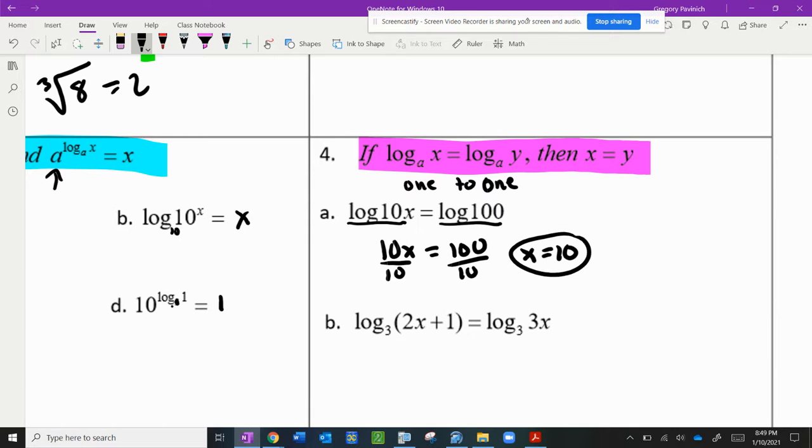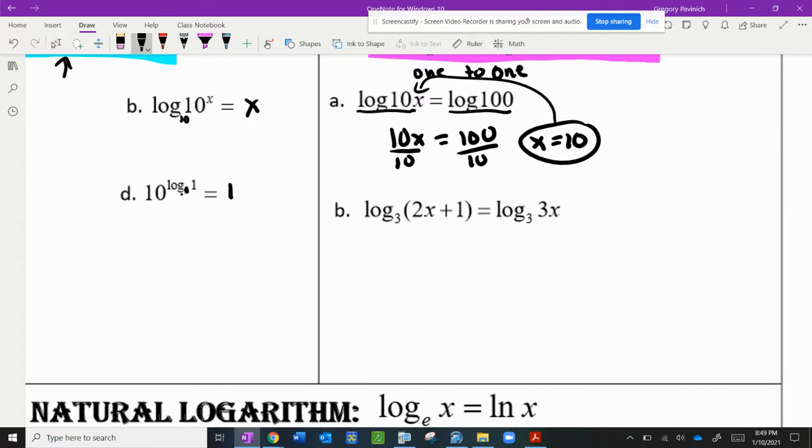And if x was 10, then what would I do? If I plug it back in here, I'd have log of 100 equals log of 100. Same thing over here. I'm going to set these two things equal to each other. Notice that if the input is big, there'll be parentheses holding it, so you know that the 1 is not outside of the input. And I'm just going to solve.